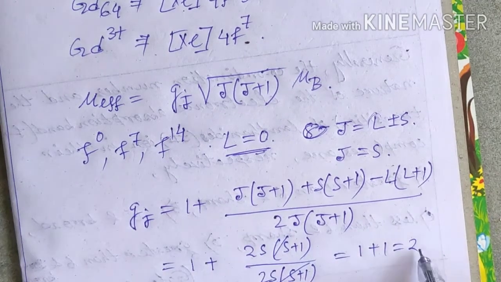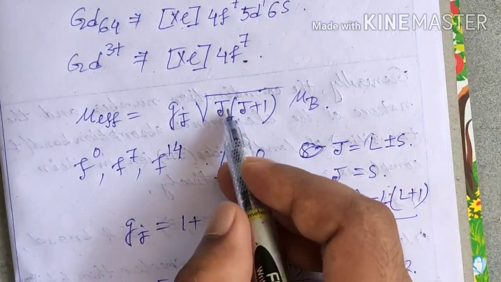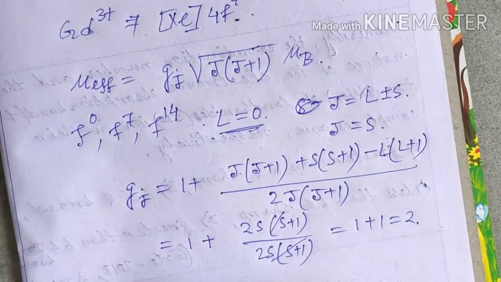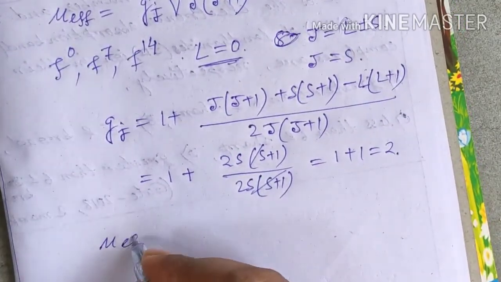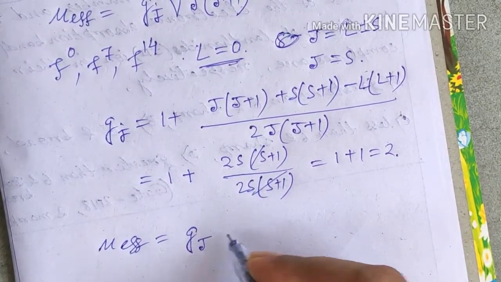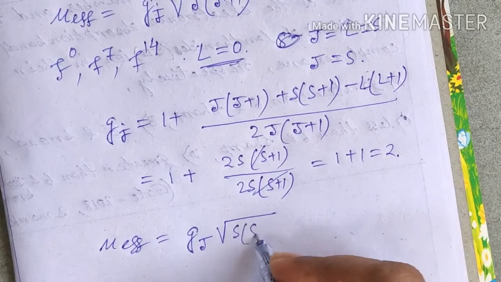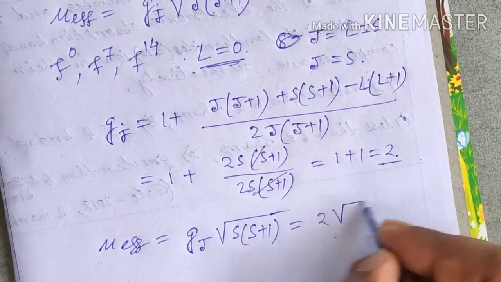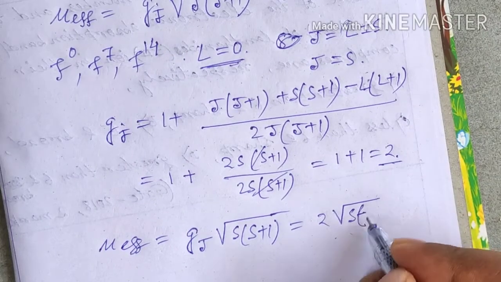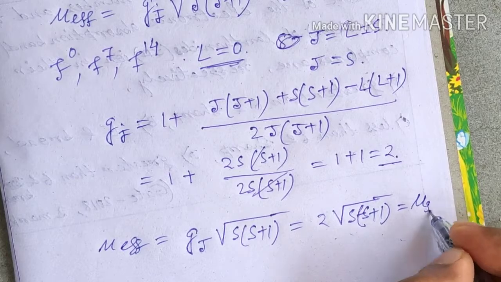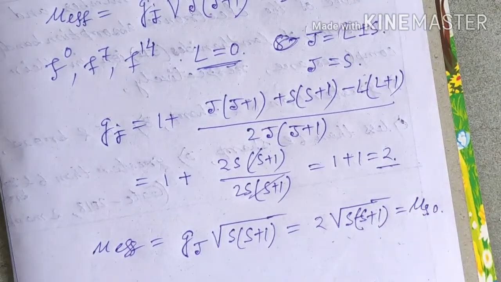So the value of g will be 2, and if we substitute J to S, the expression will be mu effective equal to g into root over S into S plus 1, and the value of g is equal to 2. So it is none other than the mu spin only value as for transition elements.